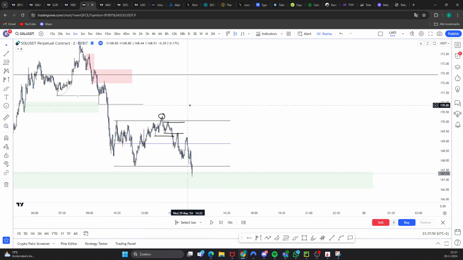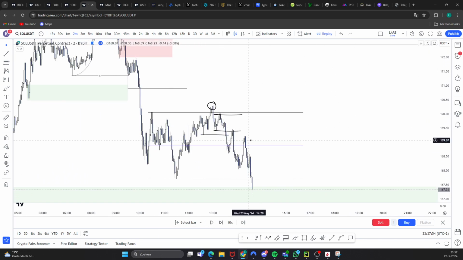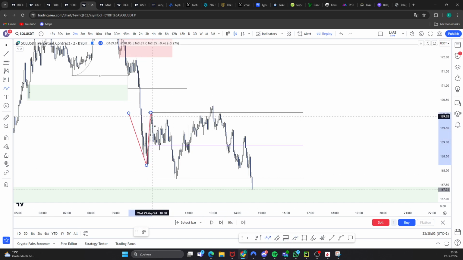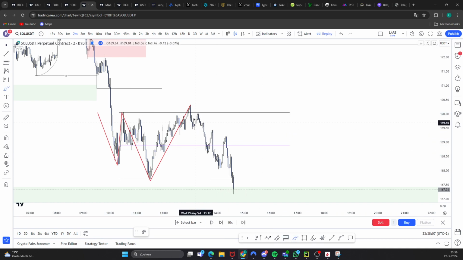And I think also that's where a lot of people get trapped, because instead of looking at it from a range perspective, they will look at this as a bullish break, right? They will see this and count it as a bullish break, and they'll just try to long the potential higher low for the higher high, and it just doesn't come, right?